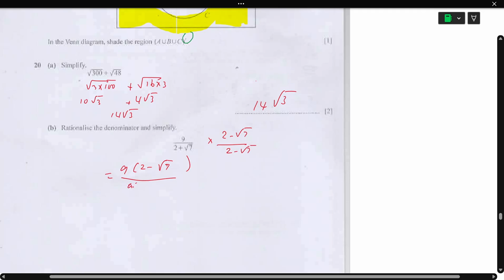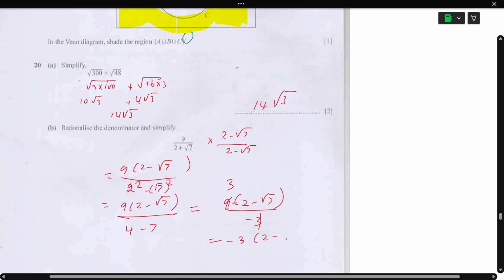So 2 square minus root 7 whole square. So 9 into 2 minus root 7 over 4 minus 7, which is 9 into 2 minus root 7 over negative 3. So we can simplify 9 and 3. So the answer is negative 3 of 2 minus root 7.